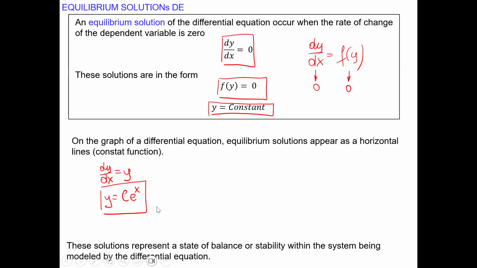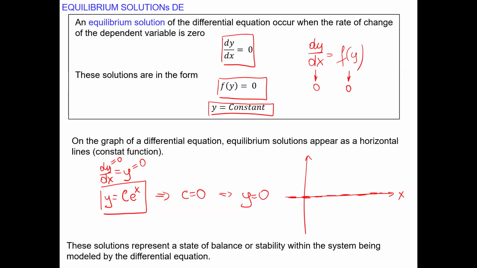That means the only way this is constant is when the constant c is zero. Then y equals zero, a horizontal line. That means y equals zero is an equilibrium solution. We may even notice dy/dx equals zero if the right-hand side equals zero. That's what this means. This is the equilibrium solution because the derivative is zero.